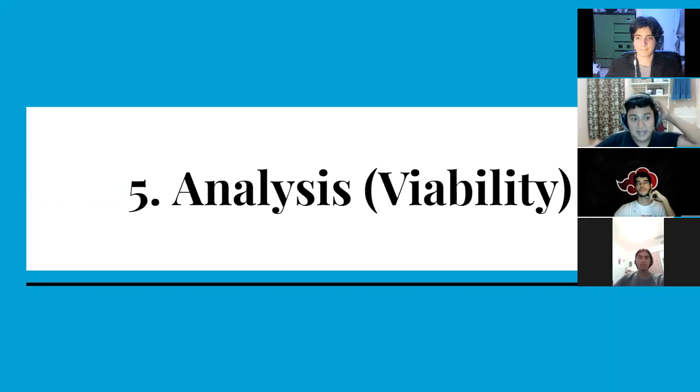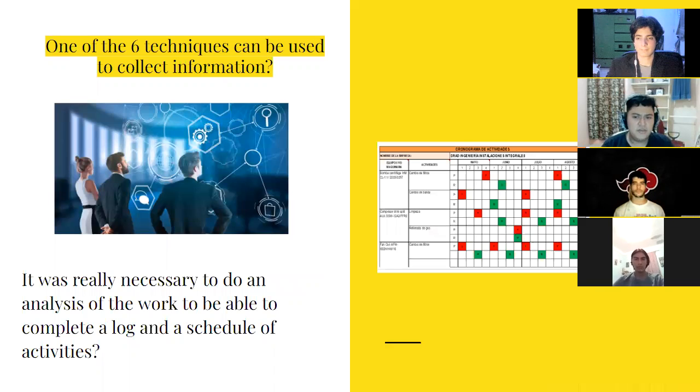Okay, the fifth point in the presentation: analysis and reality. We repeat the question. Can you use the techniques in this new point? That's right, of course. We can use information-based analysis.